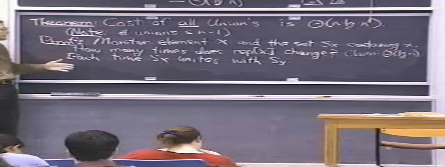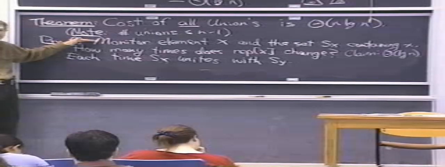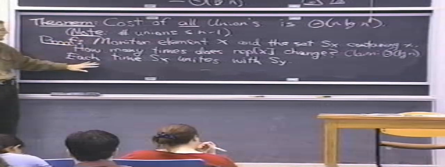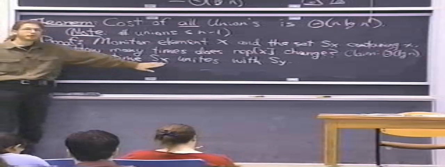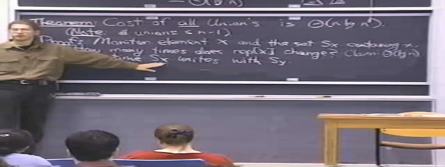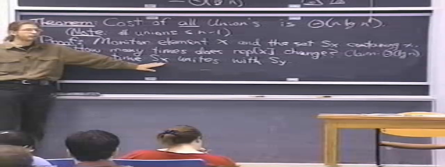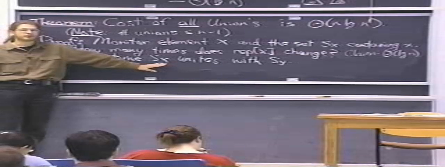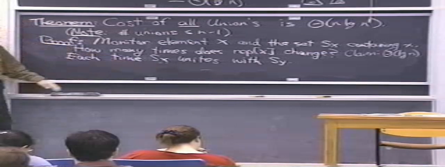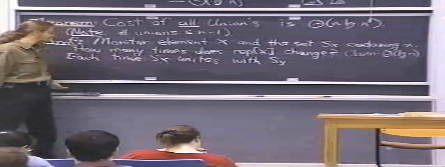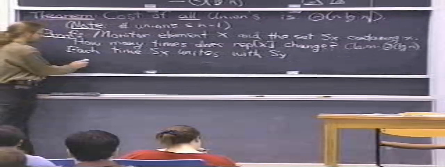Really I care about all of them, but I'm only going to concentrate on one element x at a time. So when do the rep pointers from all the elements in Sx change? If the size of Sx is smaller than Sy. So there are two cases.